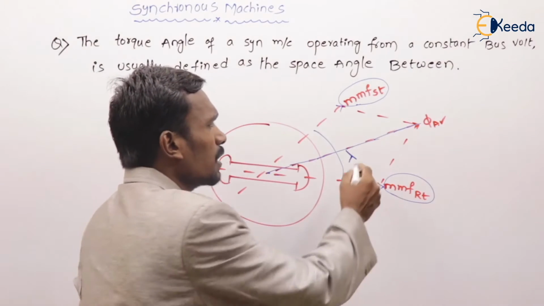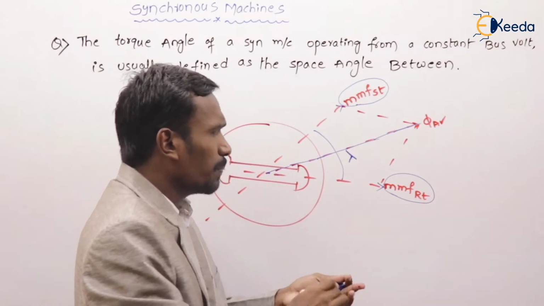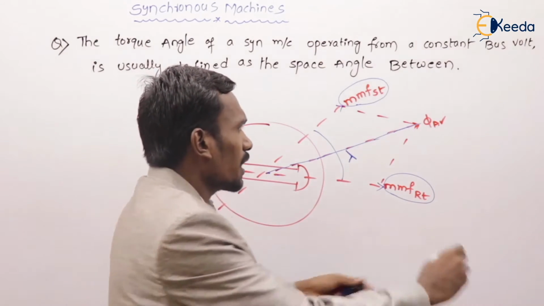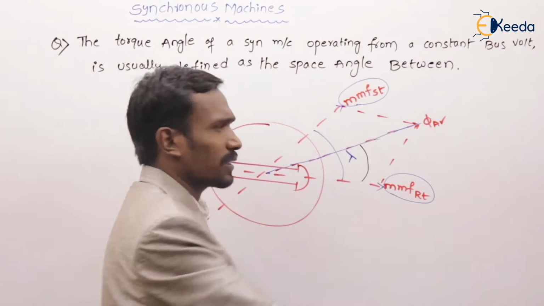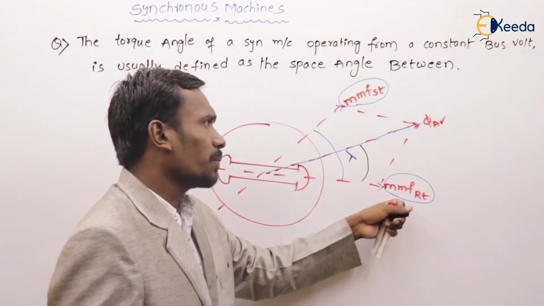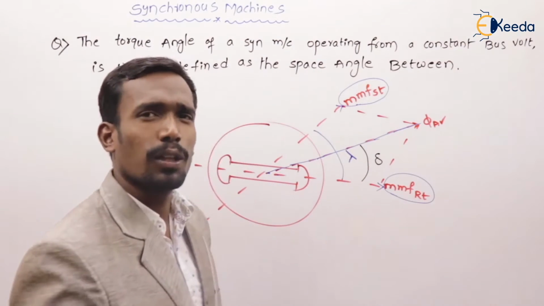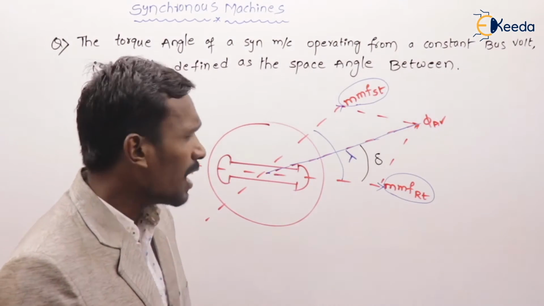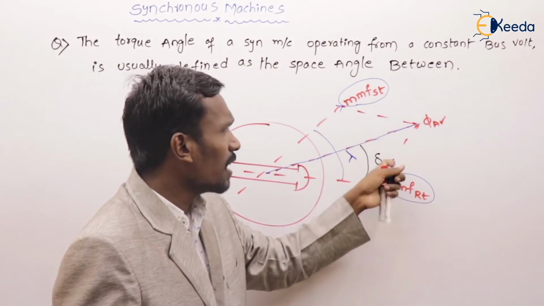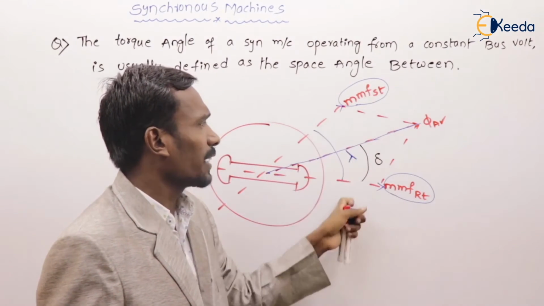Sir, what about this angle? The angle between the rotor MMF and the resultant flux is delta, which is called the load angle. This is the load angle delta and this is the torque angle lambda.